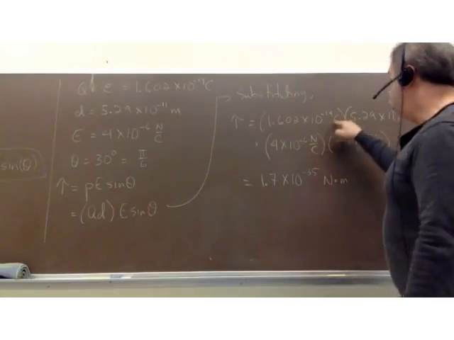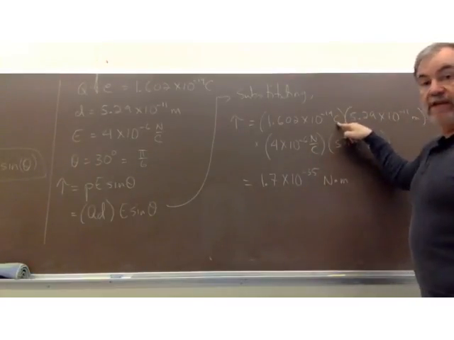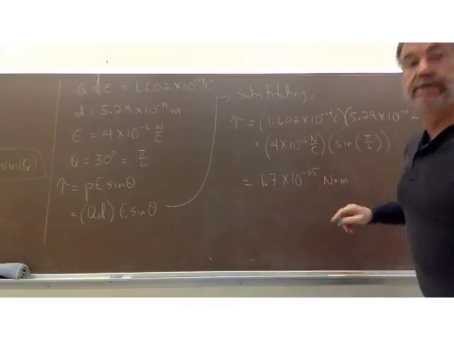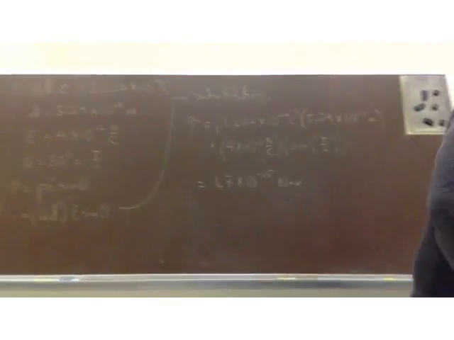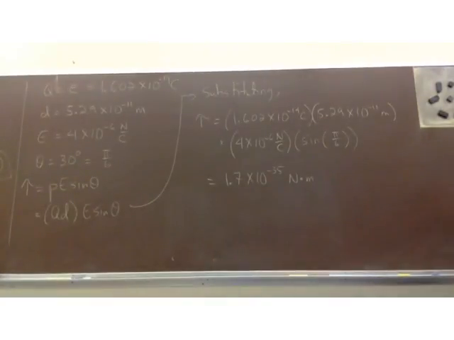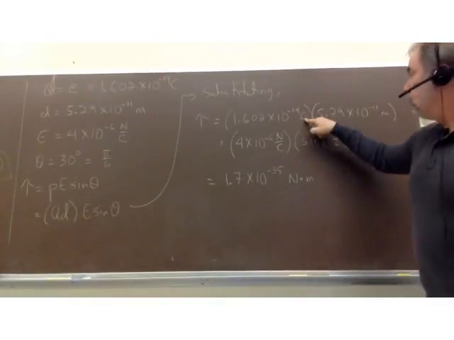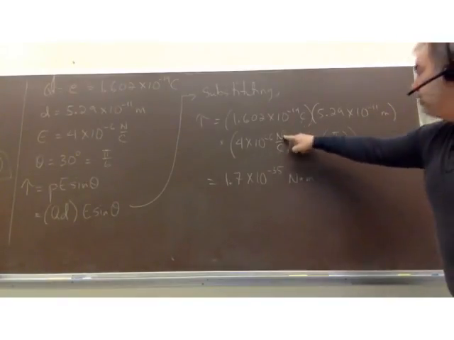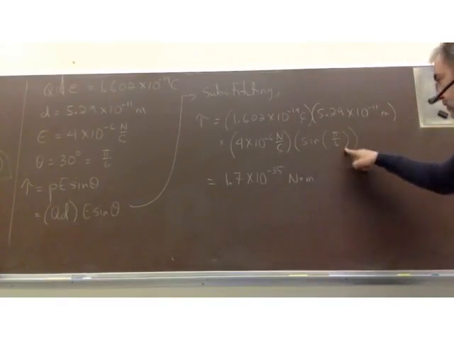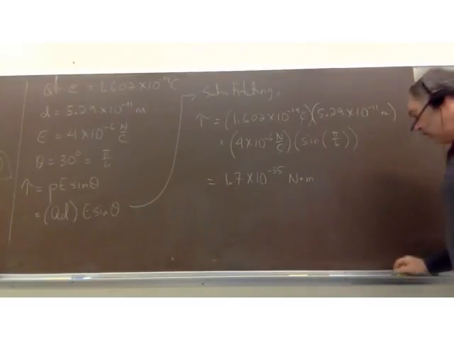So my coulombs had to cancel out, and they weren't canceling out. Coulombs in the numerator, coulombs in the denominator, those canceled out. Newtons times meters, that's it. Okay, so we're good.